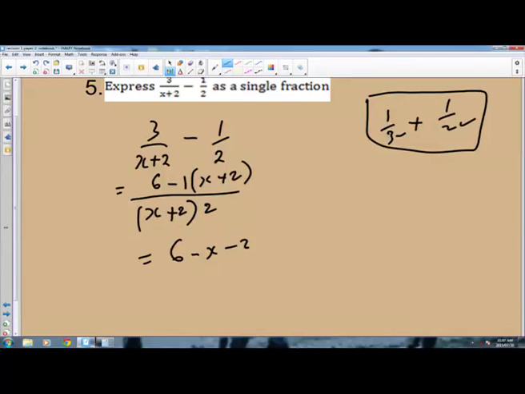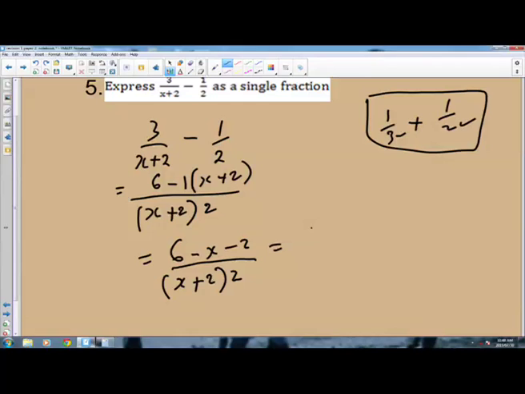And then divide this by x plus 2 times 2. Now simplify, collect the like terms. We have a 6 and minus 2.